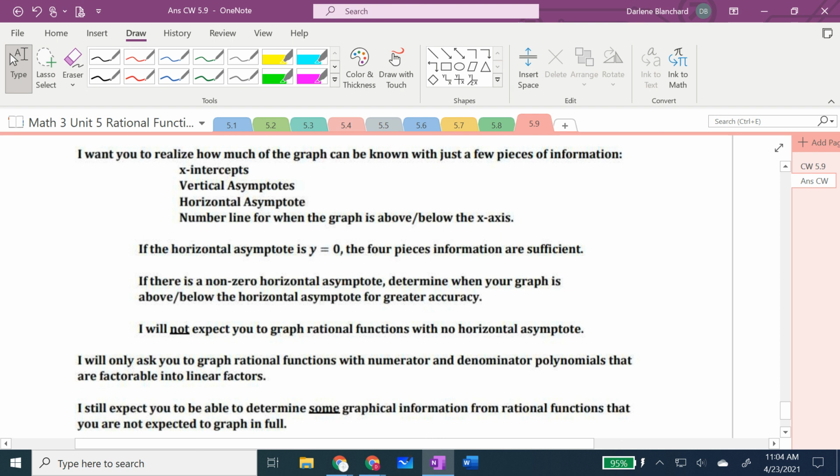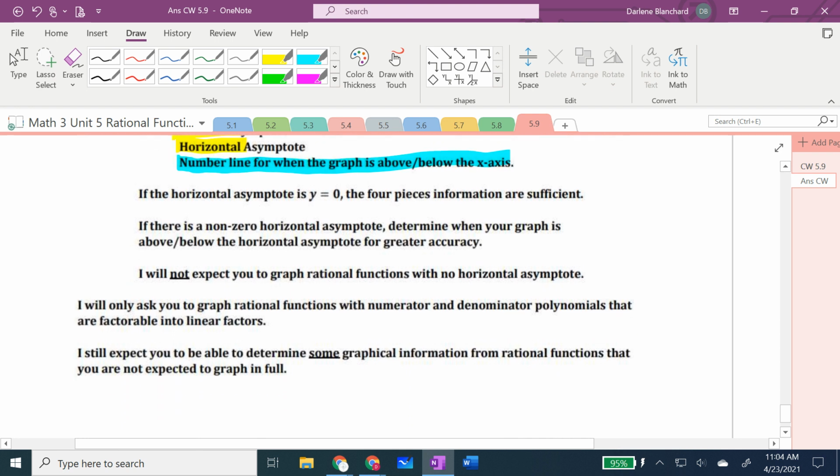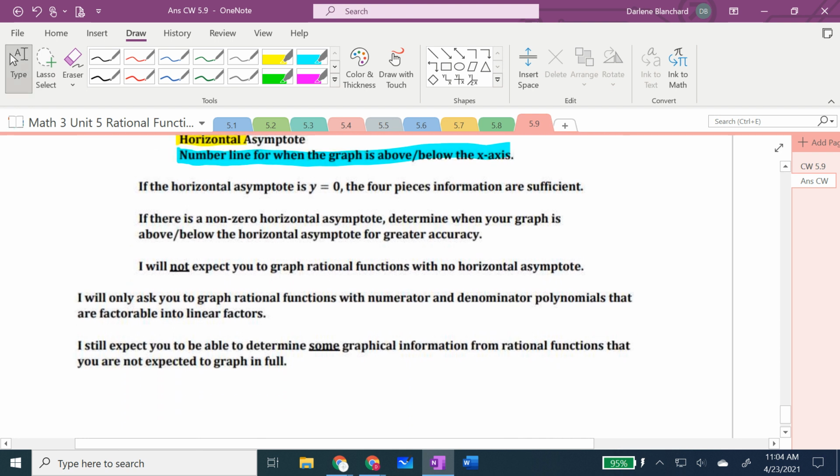I want you to realize that you should be able to find x-intercepts, vertical asymptotes, horizontal asymptotes, and I'm not going to push it, but I will tell you that this is extremely helpful. What am I going to ask you to graph on the test? I'm not going to expect you to graph anything with no horizontal asymptote.